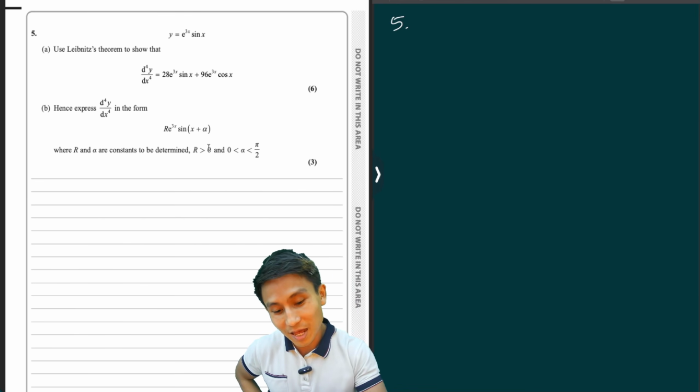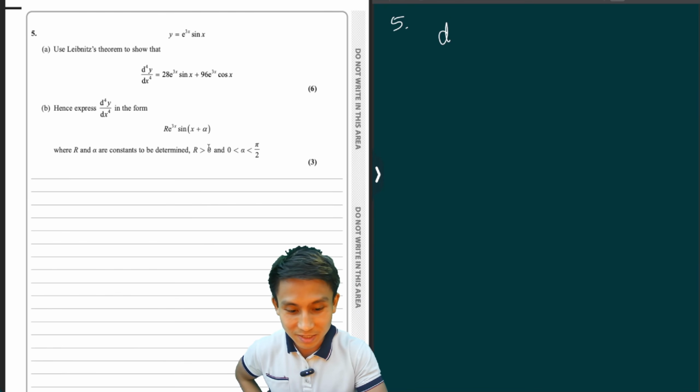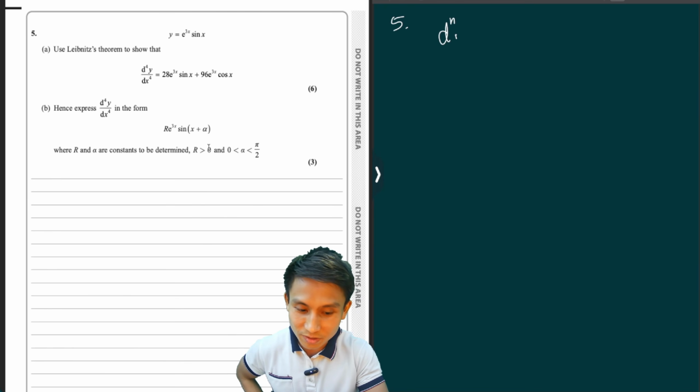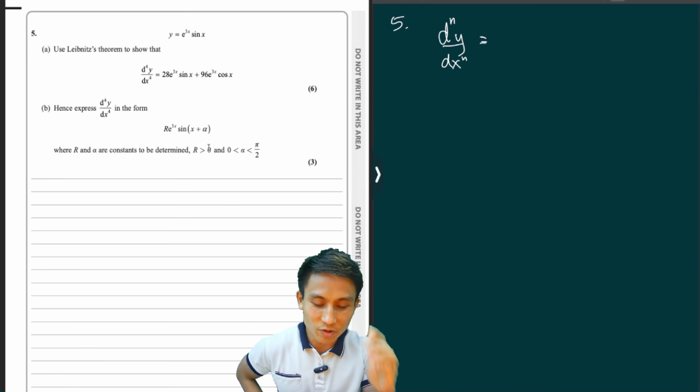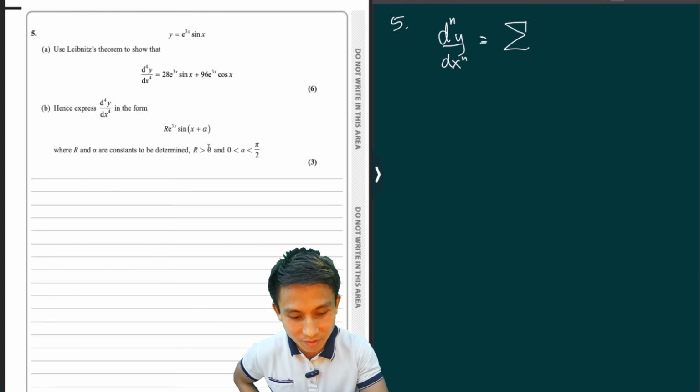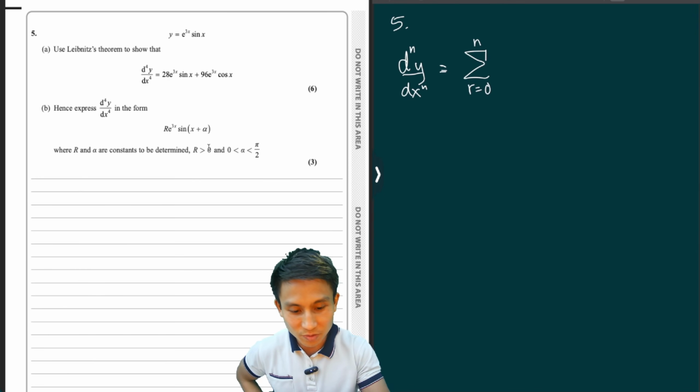Okay, Leibniz: the nth order derivative of y with respect to x here is going to be, it's similar to a binomial coefficient, right? So it's going to be the sum from r equals 0 to n. Yeah, it's going to be like a binomial. So we do n choose r here, and then the first one will be d.